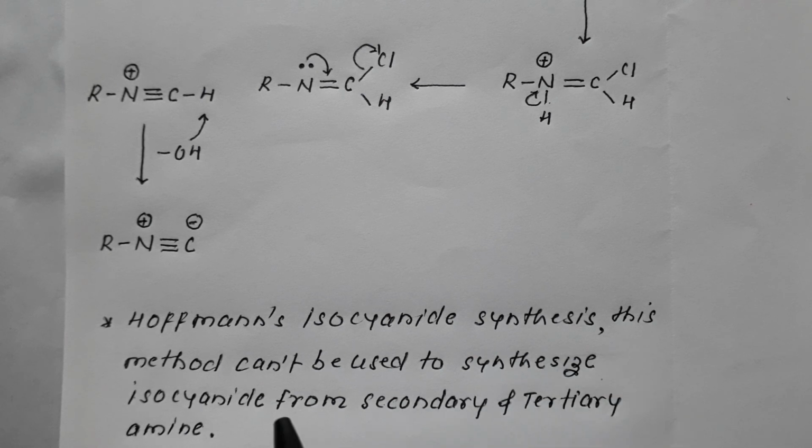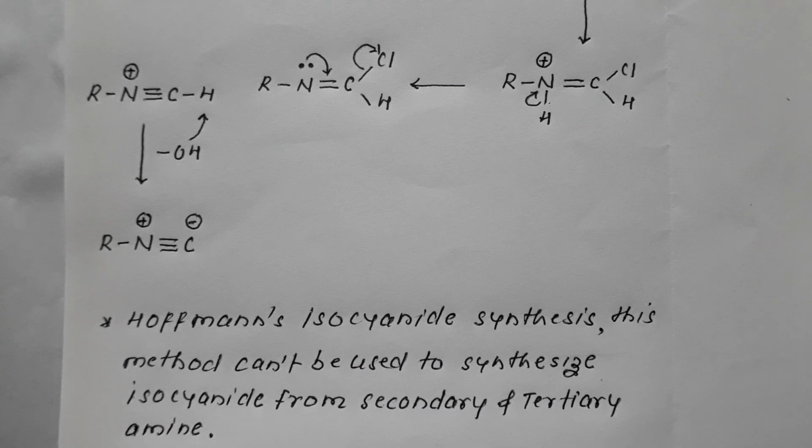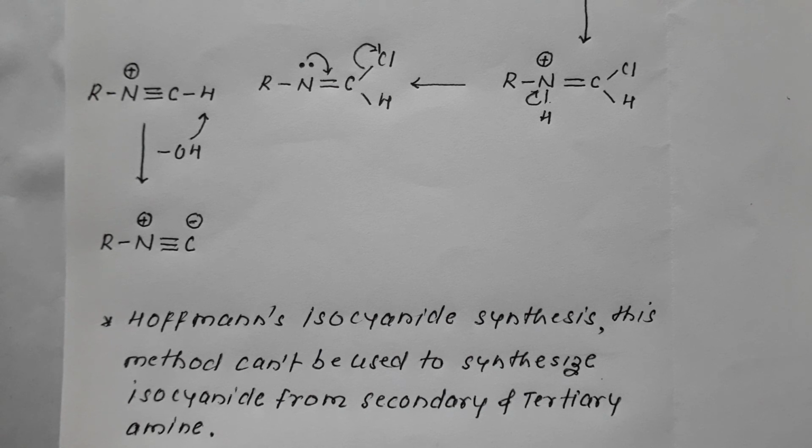This method is utilized to synthesize isocyanide only from primary amine. Secondary and tertiary amines can't be utilized to synthesize isocyanide.